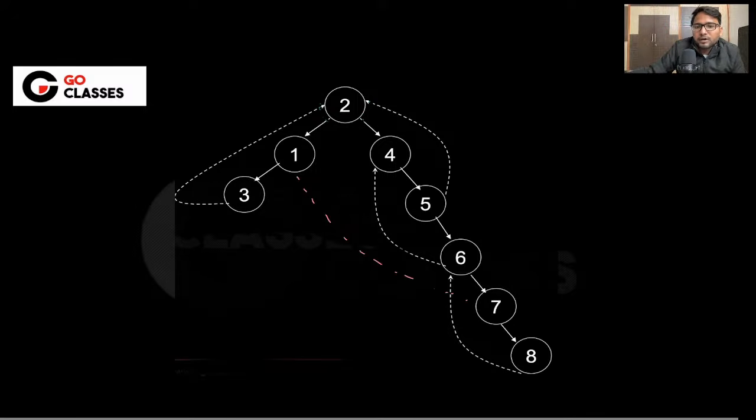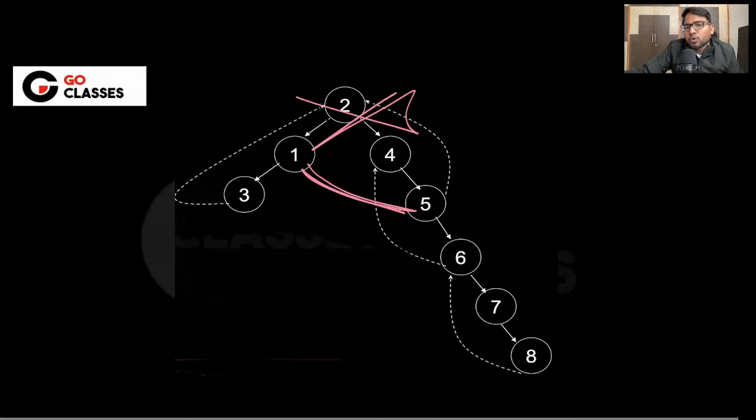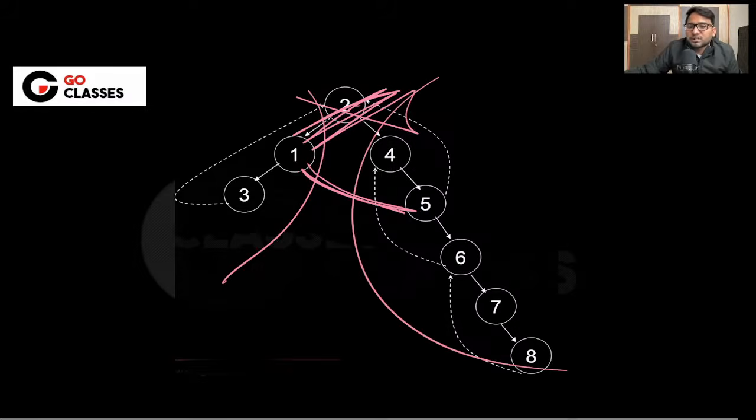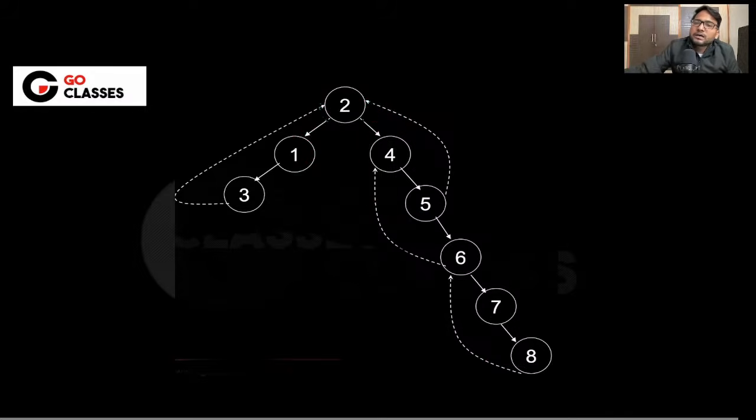The actual graph maybe has a cross edge between 2 nodes, maybe from here to here. Then is 2 an articulation point? If there is a cross edge, then 2 is not an articulation point. But if there is no cross edge, then 2 is an articulation point, isn't it? If there is no one else connecting, then removing this 2 will definitely disconnect. But if there is a cross edge, then this 2 is not an articulation point.